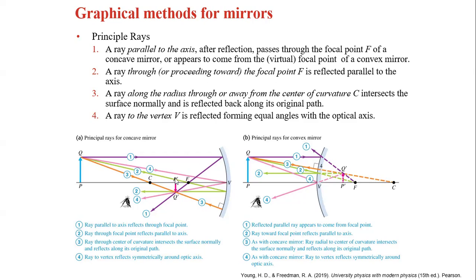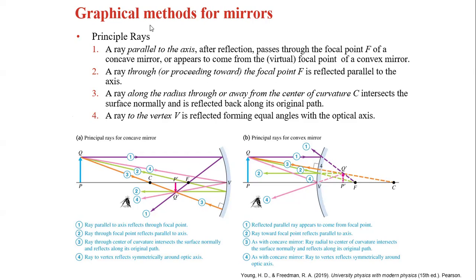This segment P prime Q prime is the height of the image, and from the vertex B to P prime is the distance of the image. We can also see here that the image is inverted.